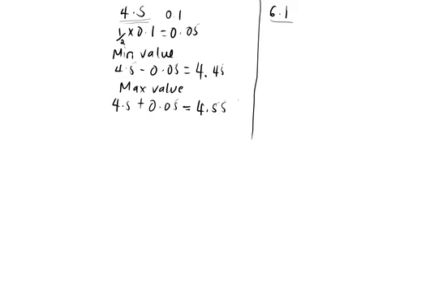Again, with 6.1, we have the least unit as 0.1, so the absolute error will be half of 0.1, which is 0.05.